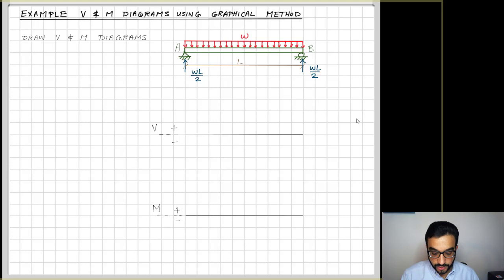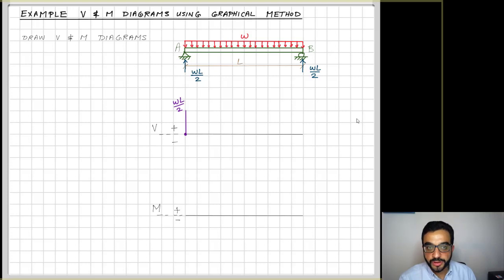This is why when I start from the left, I start with 0, but that 0 value is just before the beam support. And then once I hit the support, I jump up by WL over 2. So VA is equal to WL over 2. And then when I look at the beam, what would be the next discontinuity point or point of interest where I want to calculate the shear?